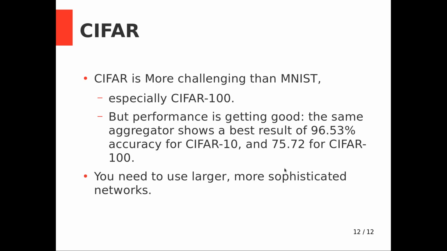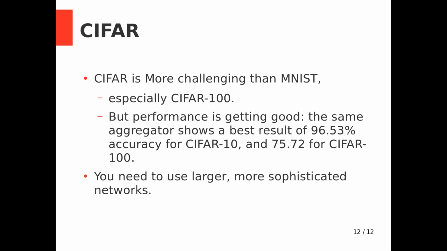But Cifar is more challenging than MNIST, especially Cifar 100, right? They're bigger, they have more input, they have not been scaled or centered, right? The object in the picture could be sort of different sizes at different places, right? And the category labels are much finer. But performance on these is still getting pretty good.